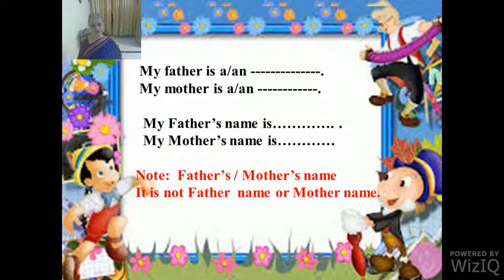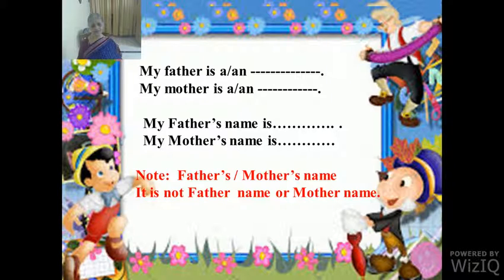Remember, there's a lot of difference between home and house. The home is the place where the heart lies. So my mother is a homemaker. My mother is a scientist. My mother is a teacher. I would also like you to concentrate on this important point here. Whenever you are speaking about your parents, a common mistake that you make is, you say, my mother name is.